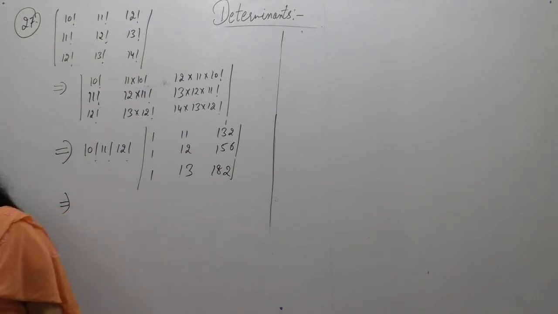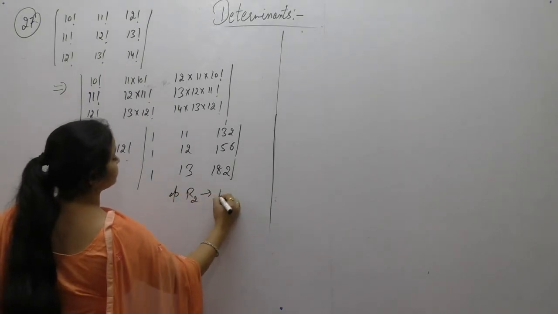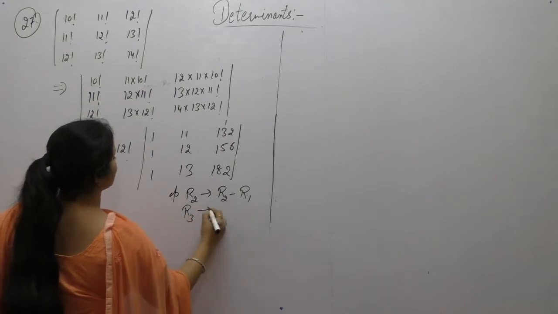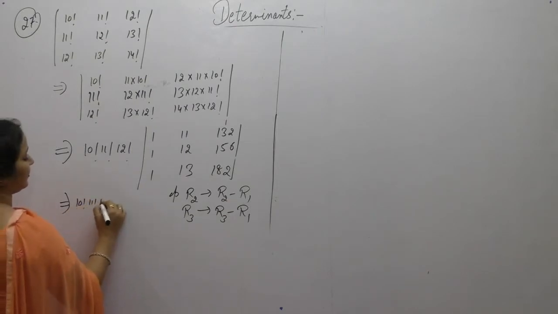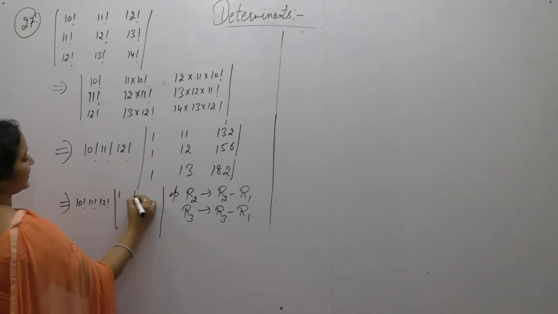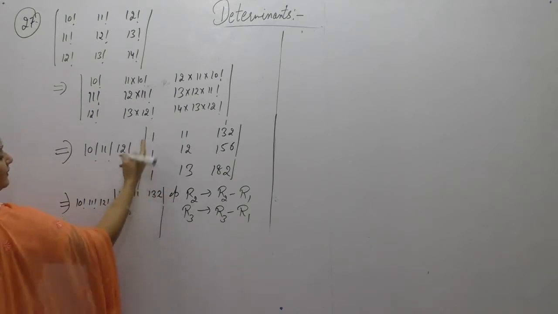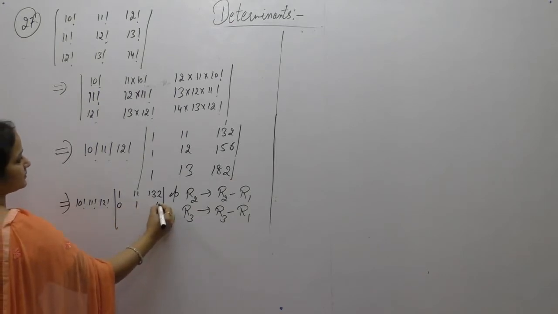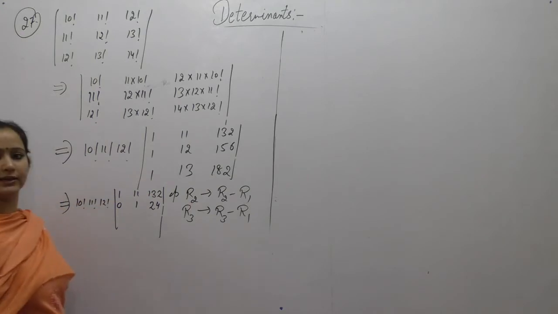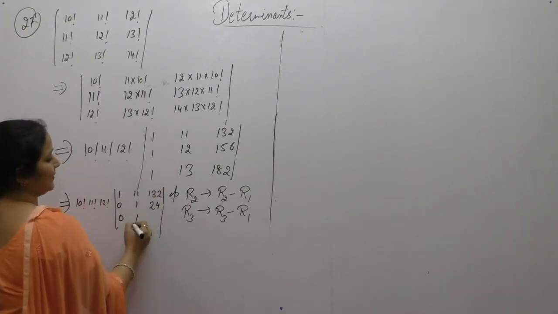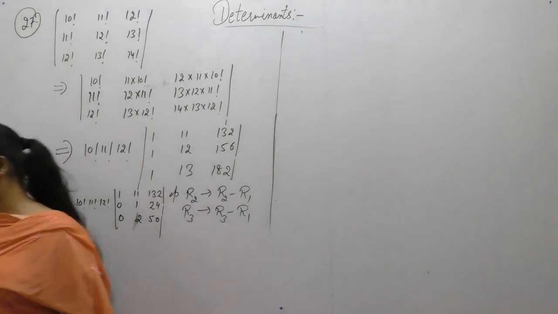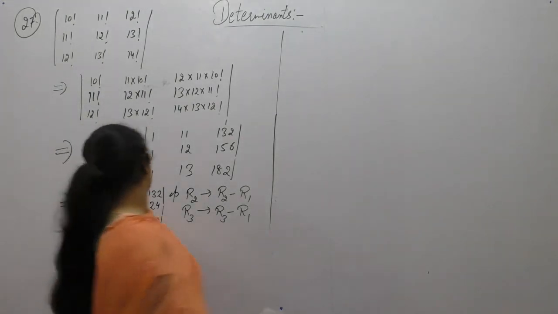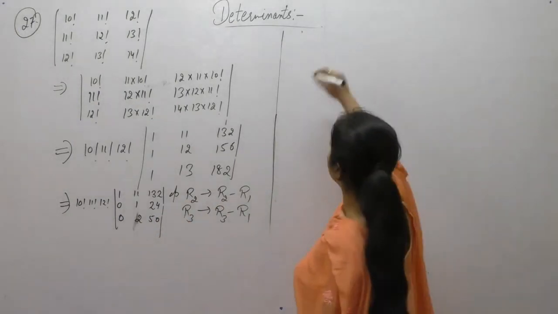Now operate R2 as R2 minus R1 and R3 as R3 minus R1. 1, 11, 132, 1 minus 1, 12 minus 11, 156 minus 132, 1 minus 1, 13 minus 11 and 182 minus 132.